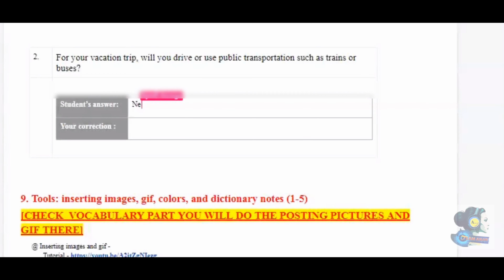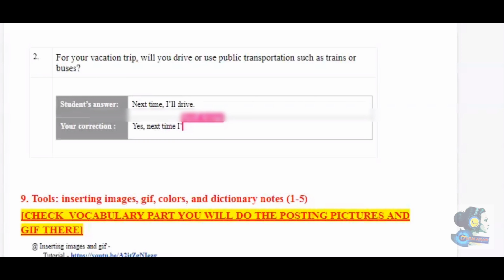Okay, so next time, your answer is I'll drive, right? You can say, yes, next time I'll drive for my vacation trip. Okay.